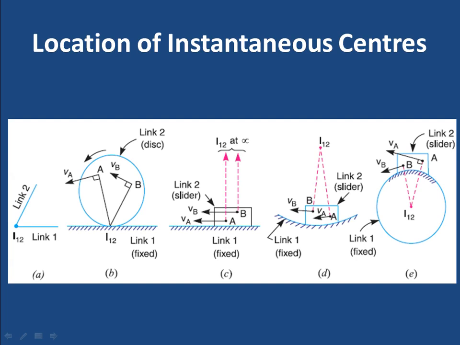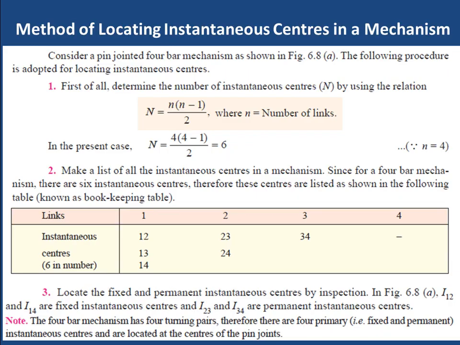All these things we can understand when you solve the problem. So let us understand the procedure of how to locate the instantaneous centers in a mechanism. There are some procedures, so you can note down the procedure, then you can solve the problem.